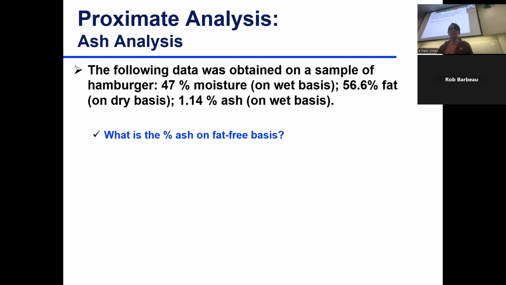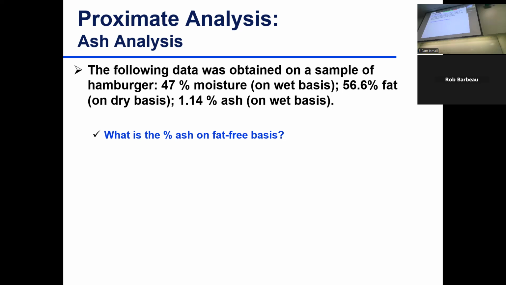So you're obtaining the fat content on dry basis, because hamburger also has a high moisture content. So we did determine fat content on dry basis. Anybody done it? We give up. Anybody got the value?